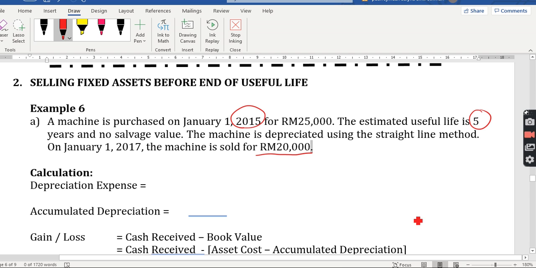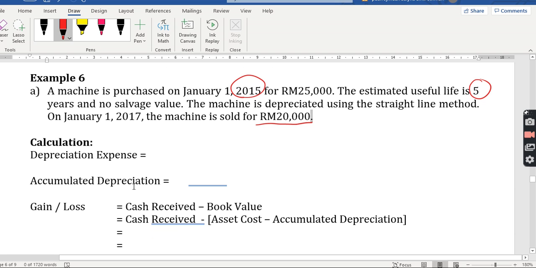The first thing we need to do is calculate the depreciation expense for 1 year. The question is silent, which means it is using a monthly basis.